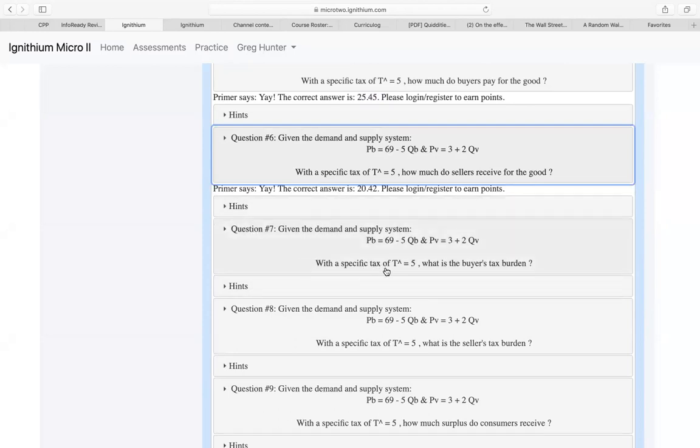And so what's the buyer's tax burden? Well, that's something we haven't really talked about yet. And I'll go back to the diagram. Now, tax burden, I've assigned you a couple of videos, and some of them are preliminary videos from principles of microeconomics that discuss tax burden, because this is a concept that if you had me for principles of microeconomics, you'd be familiar with, and it's in a lot of principles textbooks.